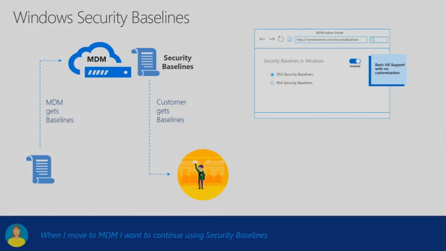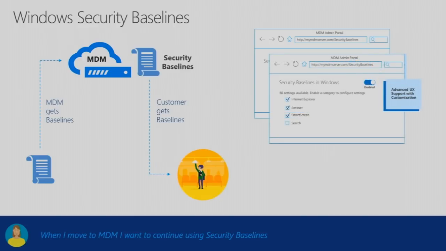Now if you say that, hey, I've been doing security baselines for the last several years and there are those 5 settings that I am going to change, there is advanced UX support as well. So MDM ISV partners are basically building support to give you that same level of manageability for the settings you want to tweak when implementing security baselines.